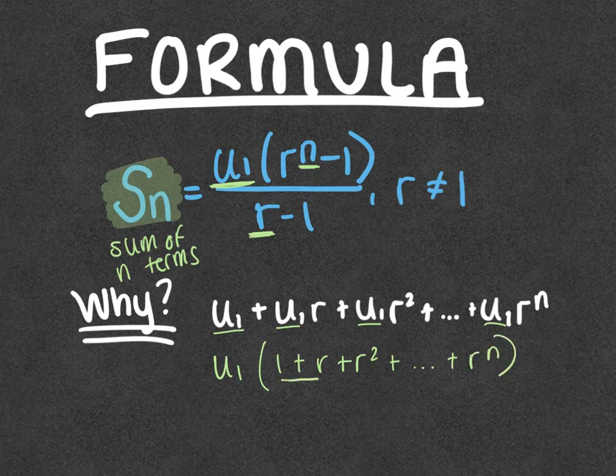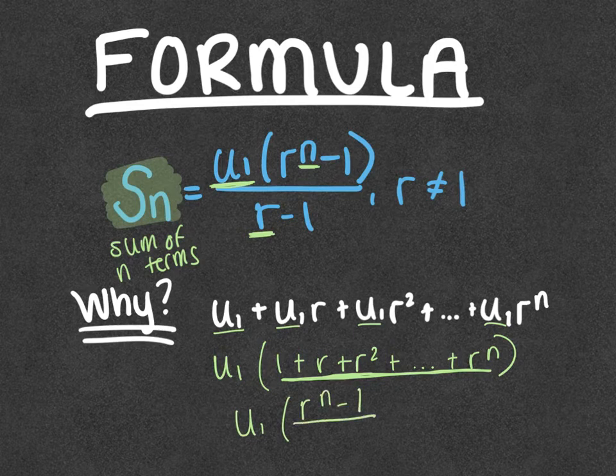And then this is actually just a really well-known polynomial, and it's known that if I take r to the n minus 1 and divide it by r minus 1, I get this polynomial. So not as cool of a proof as it is with arithmetic series and sequences, but there's lots of information out there on how this polynomial is derived.